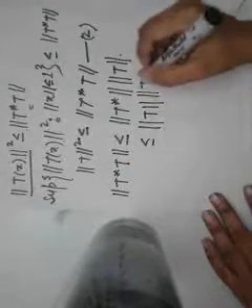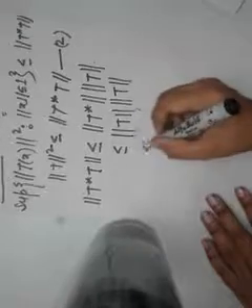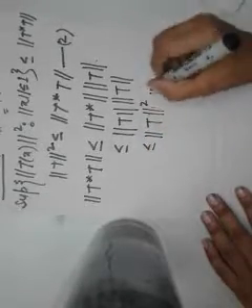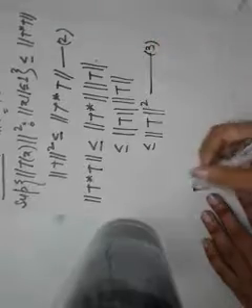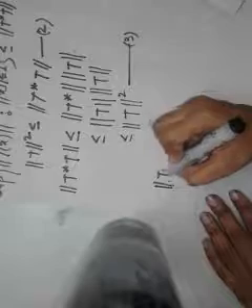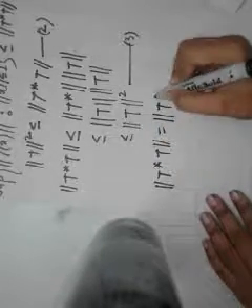This will be lesser or equal to norm T square. This will be equation 3, and we will get norm T star T is equal to norm of T square.